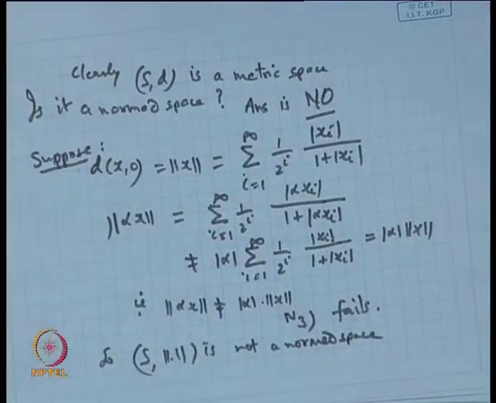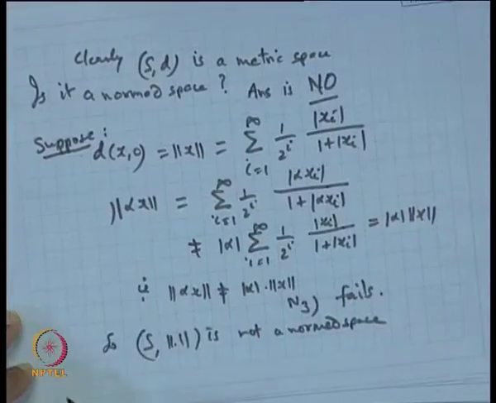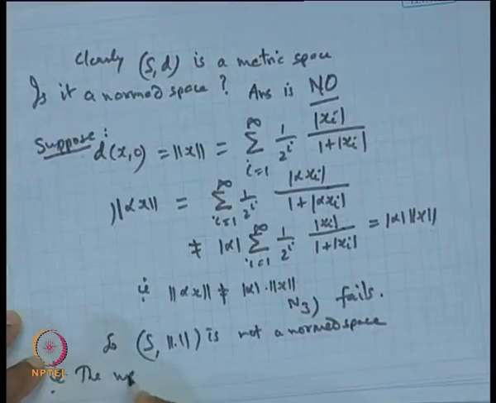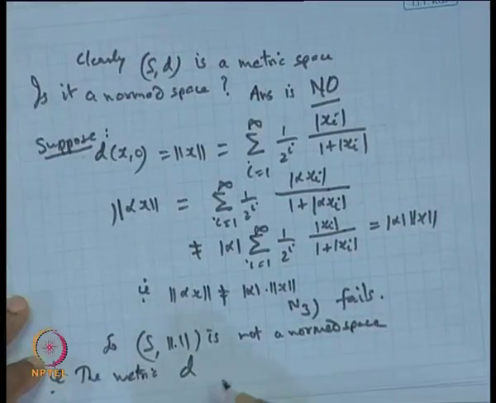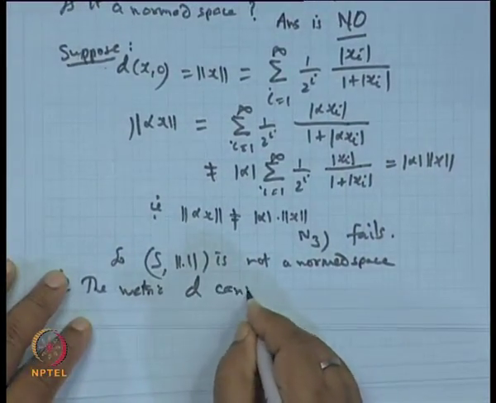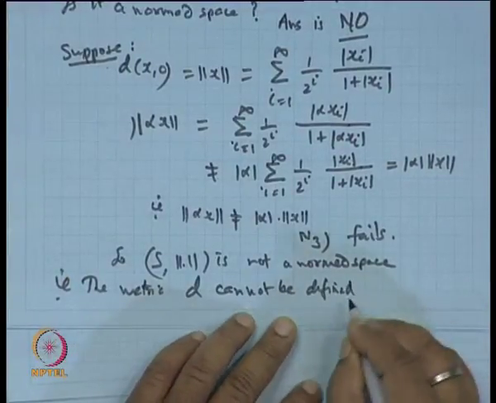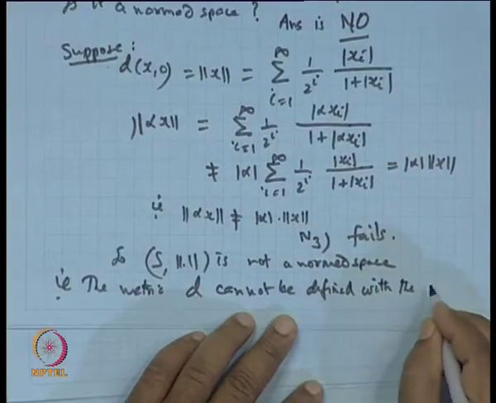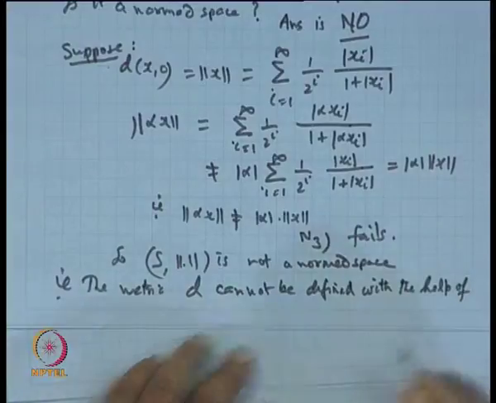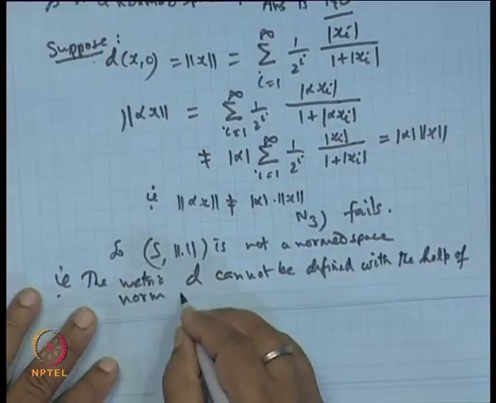So, though it is a metric space, it is not a norm space, or you can say the metric d cannot be defined or introduced with the help of a norm.